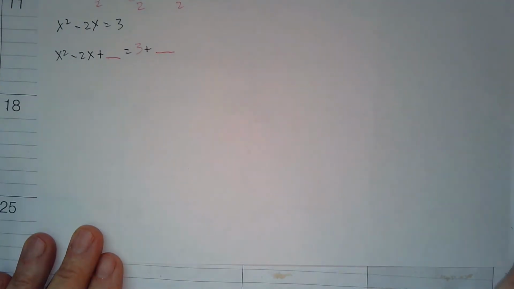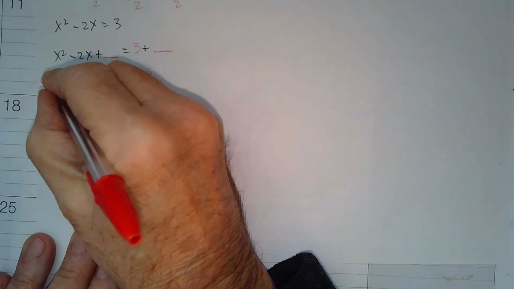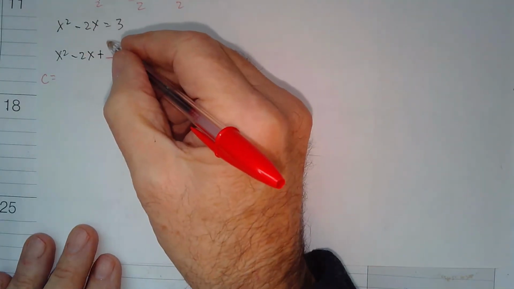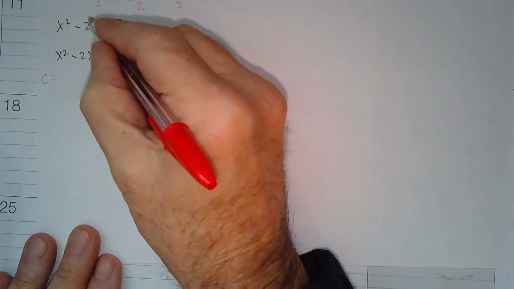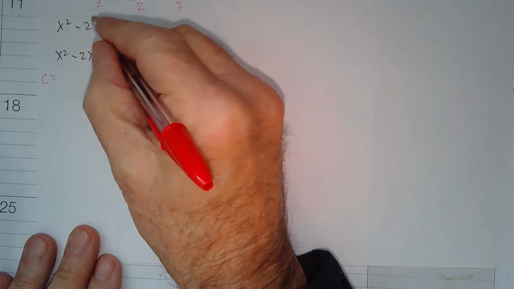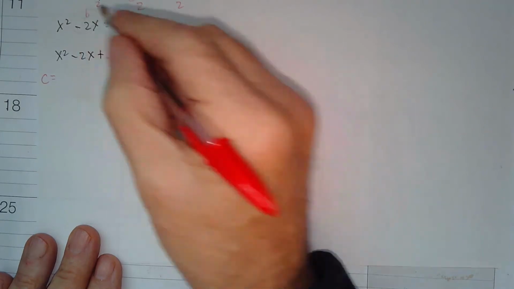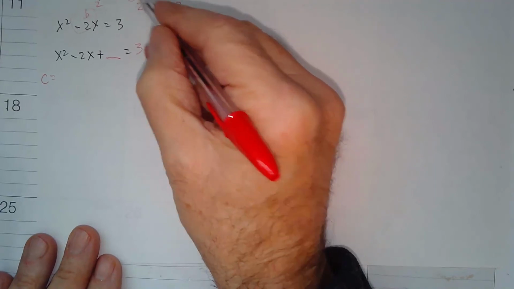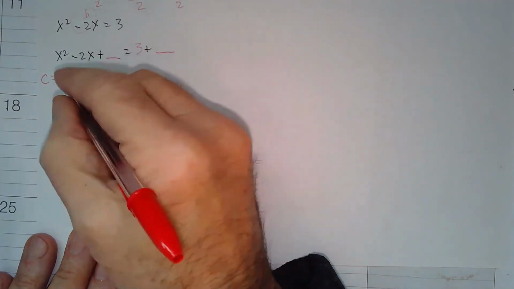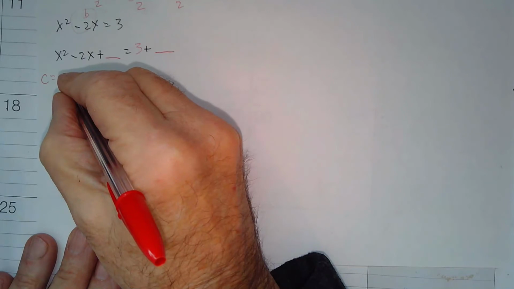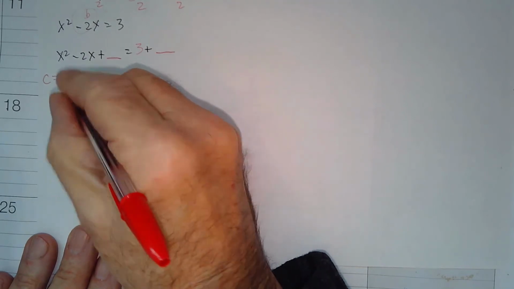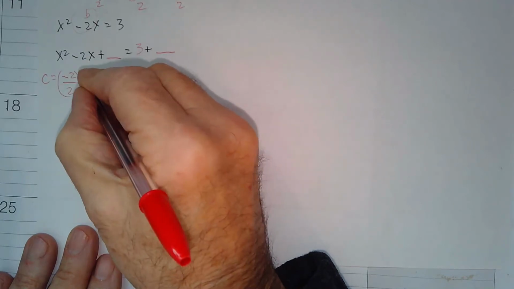So we've got to find what c is. So let's do the c. Again, now we're going to use the negative 2. This has become our b now. This is now our b. Okay, so c is negative 2 divided by 2 again, because that's what the little formula requires, squared.